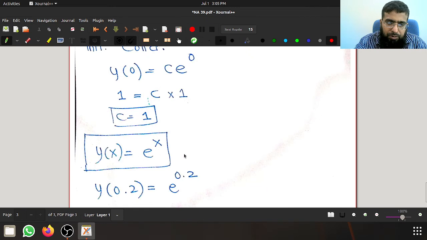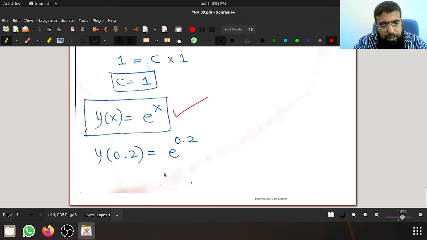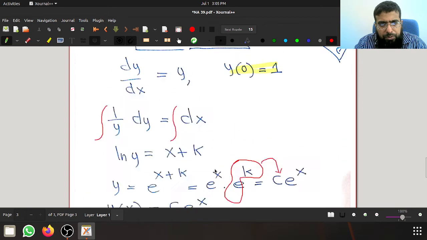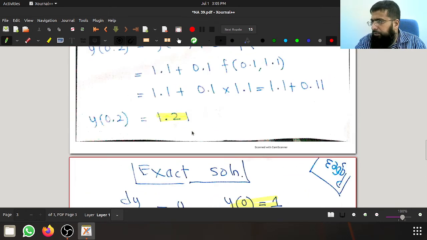So the exact solution is y of x is e to the x, and we put 0.2 here, e to the 0.2, and e to the 0.2 is very close to 1.21. Let's see what e to the 0.2 is.